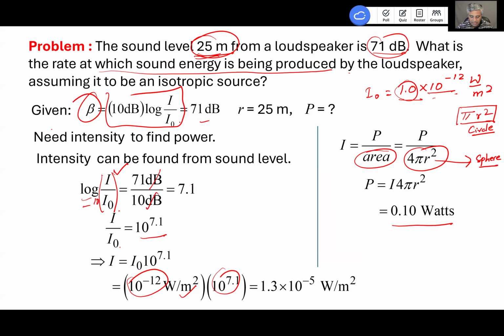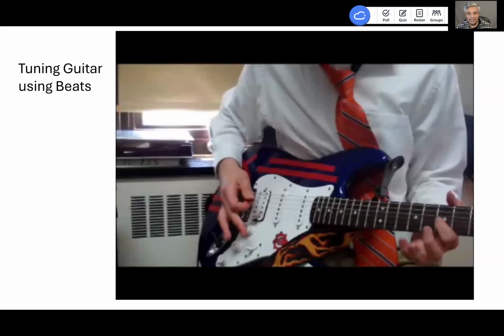I went that way because maybe we forgot how to rearrange this log thingy, right? So to remind you, I did that. But if the power is given, you can figure out intensity, and the calculator calculates the log of any number, so you can do that. Okay, so that is about the intensity and the loudness of the sound.